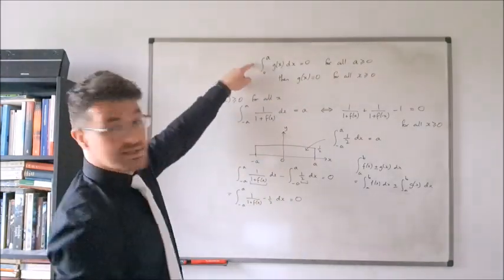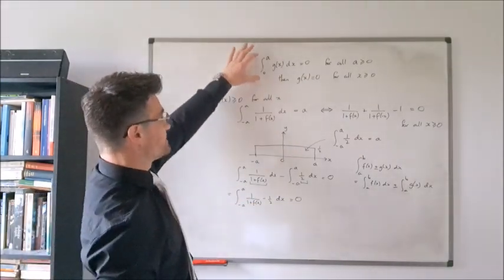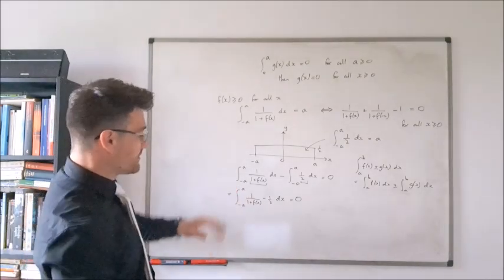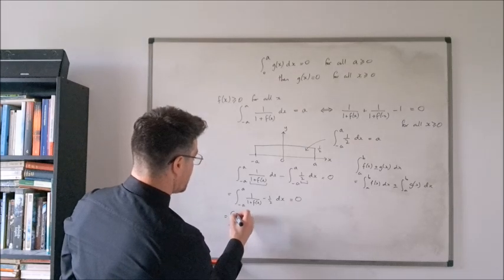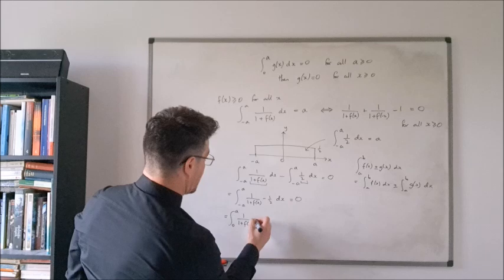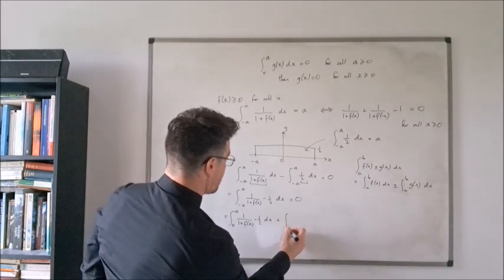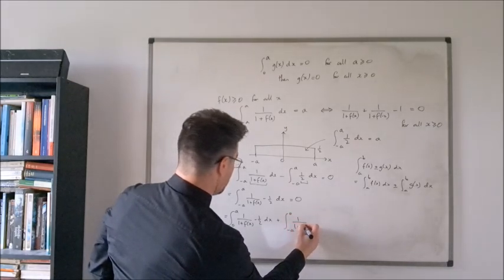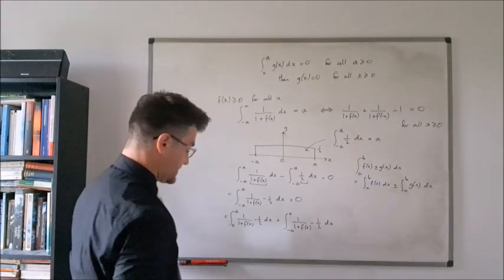Now I'm going to bring it more into this form. I'm not going to just leave it like this, because I don't want to use this result when the limits are different. So I'm going to modify things a little bit. I'm going to write this as the integral from 0 to a of 1 over 1 plus f of x minus a half dx plus the integral from minus a to 0 of 1 over 1 plus f of x minus a half dx.